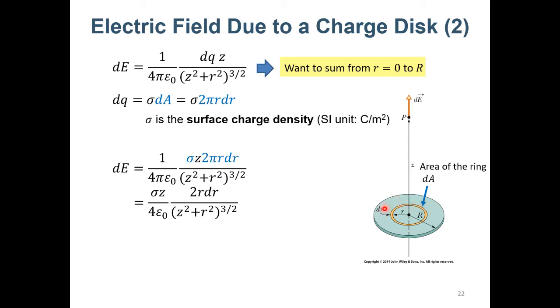dA is the area of this ring. Although this ring is very, very thin, with thickness dr, actually we have a circle, and this is the center, and this is 0 to capital R, and this is the small r axis.